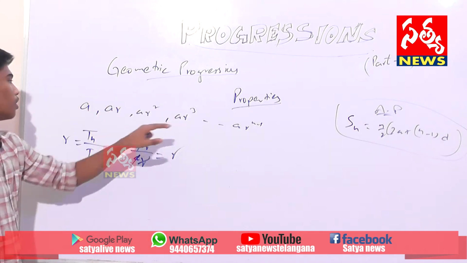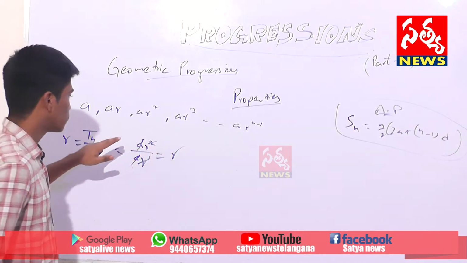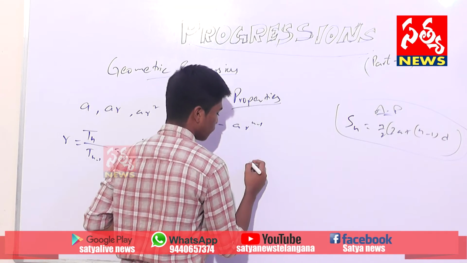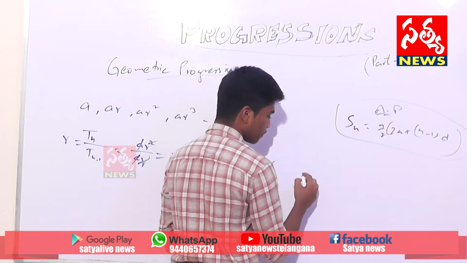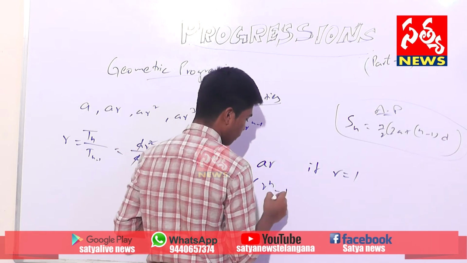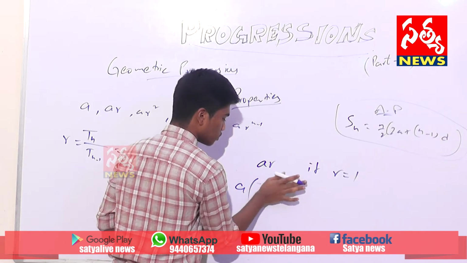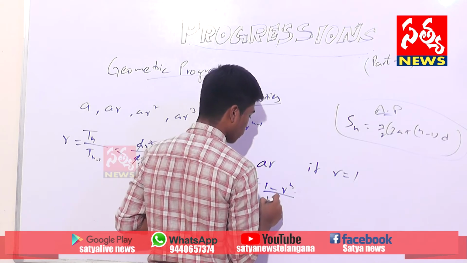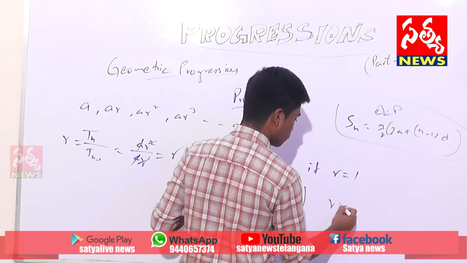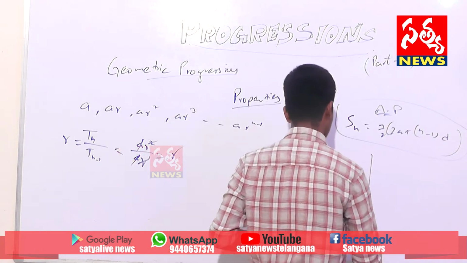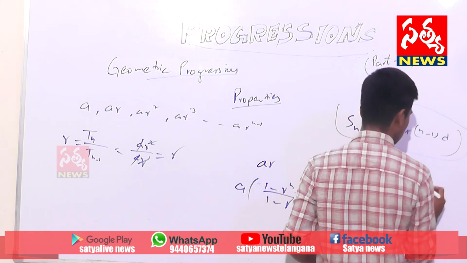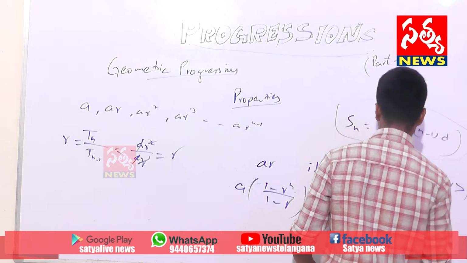Okay, r is the common ratio. And if you want to add all the terms in the series, a plus ar plus ar square, and so on, the formula is: n into a if r is equal to 1; a into 1 minus r power n by 1 minus r if r is less than 1; and the next is a into r power n minus 1 by r minus 1 if r is greater than 1.